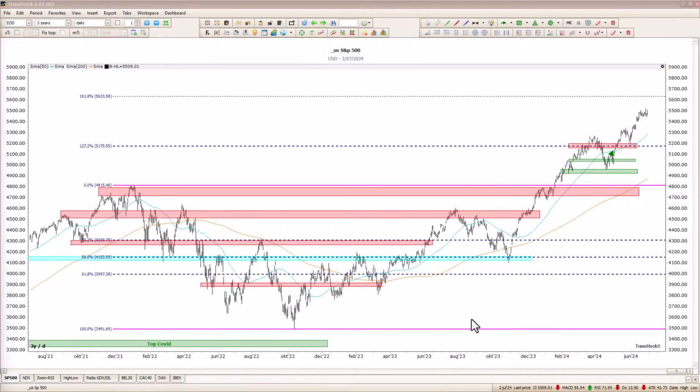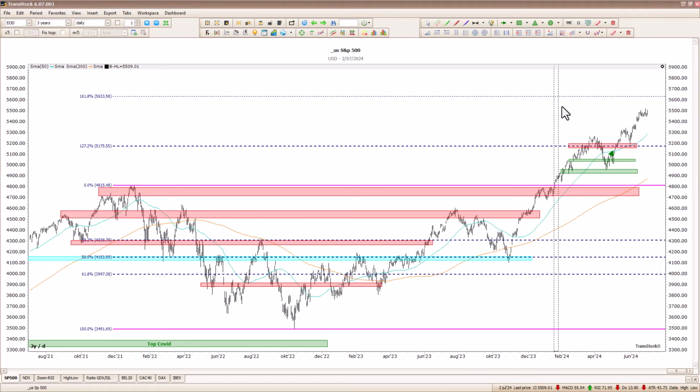The S&P 500. Last month, we saw a test of the break over the 5180 pivot. Since then, the index continues its upward move. Perhaps the 162 level of this Fibonacci structure could become a target.